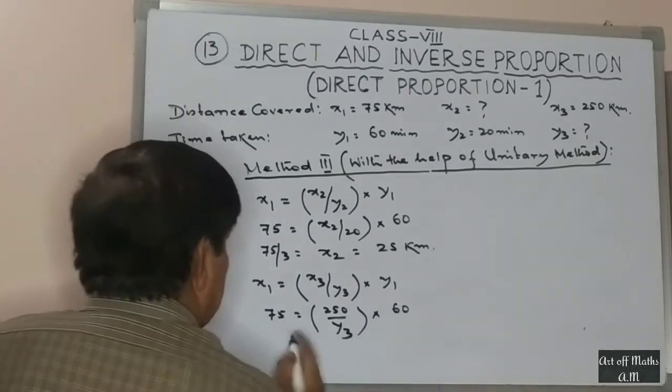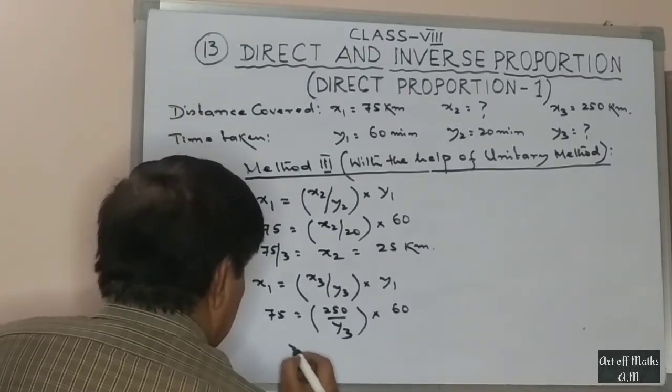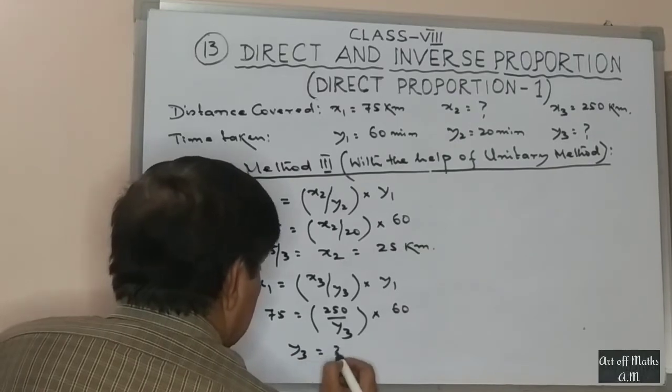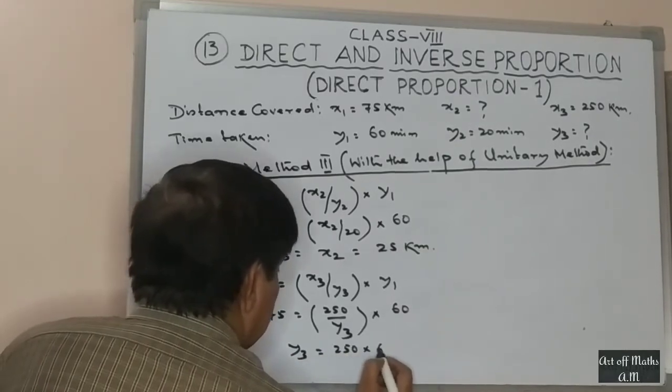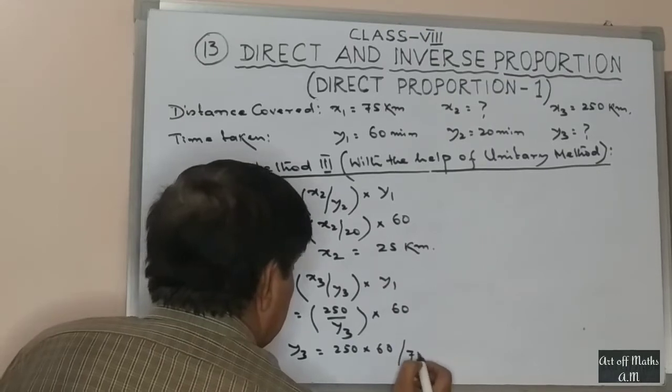Now on cross multiplication, y3 equal to 250 into 60 divided by 75.